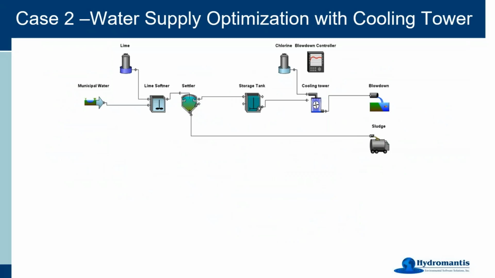The second exercise that I want to show here is with respect to a case where there is a water treatment plant which is being used to produce water that can be used as makeup water for a cooling tower.